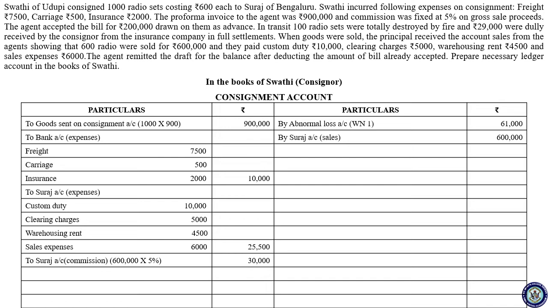Okay, next. Before you write consignment stock, there is a closing stock. You have to adjust the loading price, right? So it is by goods sent on consignment account. That is the loading price included in the goods consigned.